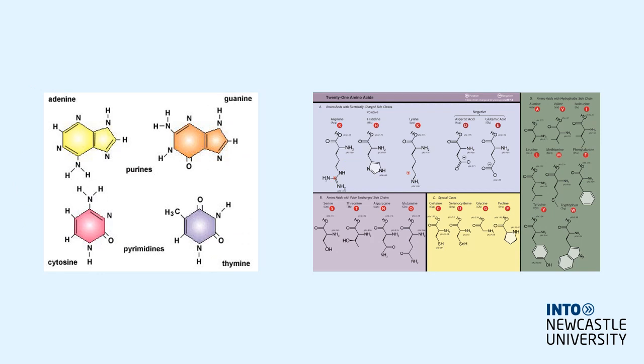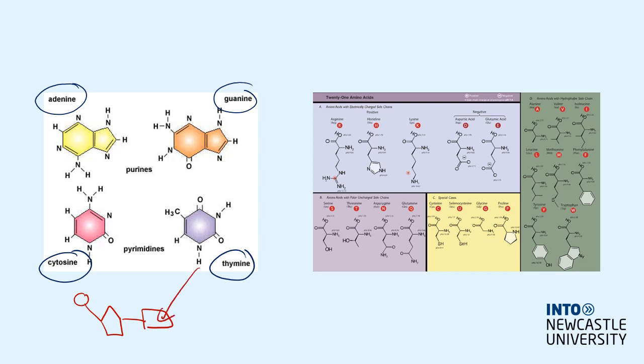So we know from previous work that we've got 4 different nucleotides of DNA. We've got adenine, guanine, thymine, and cytosine nitrogen bases, and those nitrogen bases are attached in this position here. So 4 different bases, and those 4 different bases need to code for 20 amino acids. So we need to use a 4-letter code to code for 20 different amino acids.